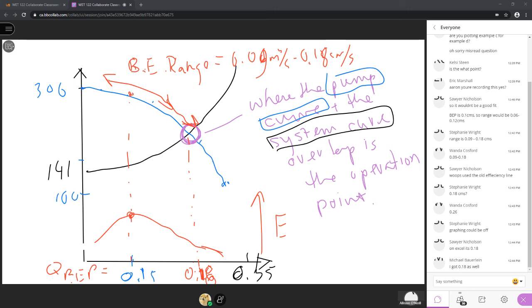So when we have high flows happening in this system, we would start to get outside of our best efficiency range. But if we're having lower flows, like a velocity of around 1 meter per second, which is normal flows, basically our system curve shifts up and we'll be operating somewhere in and around here.